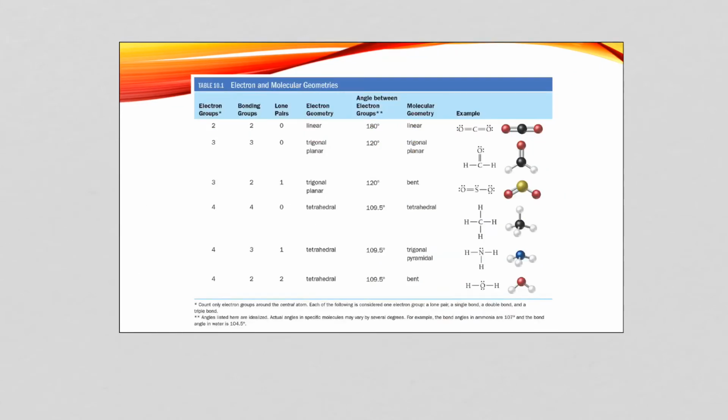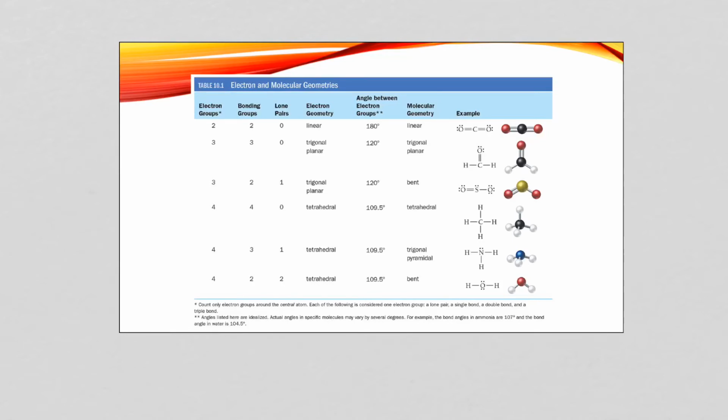So if we summarize here, we look at our whole possibility of geometries. We've seen most of these. The first one is we have 2 electron groups, 2 bonds, right? It's going to be linear. That's really the only possibility with 2 electron groups.